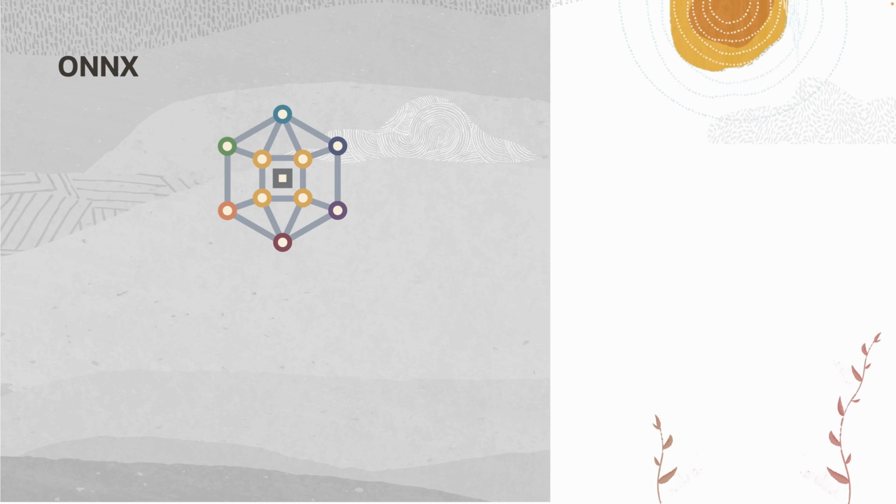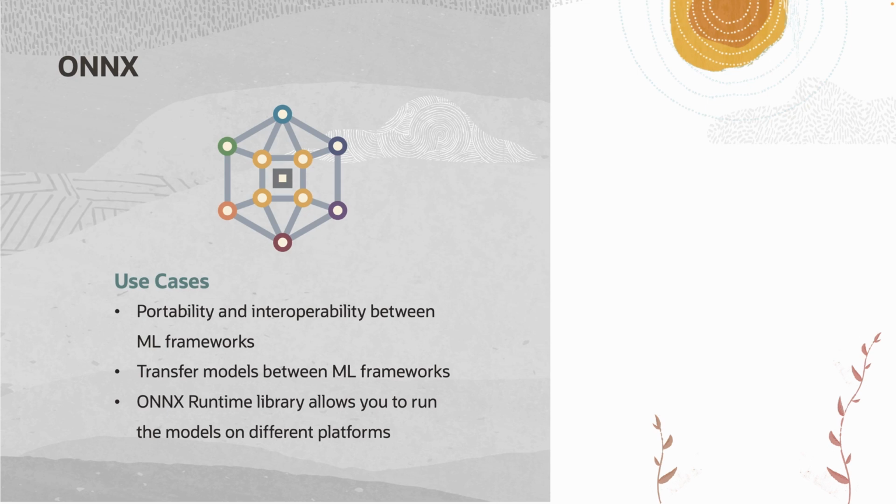It provides a common file format to enable AI developers to use models with a variety of frameworks, tools, runtimes, and compilers. This environment is designed to test and execute your ONNX model artifacts. ONNX models can be deployed using the data science model deployment service. So it includes portability and interoperability between different frameworks.